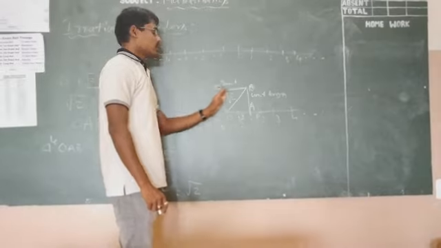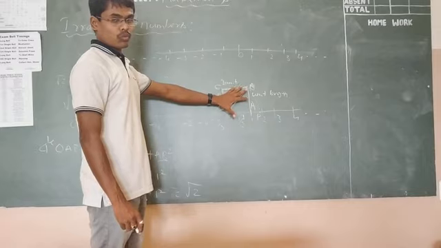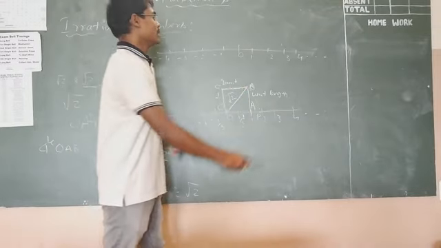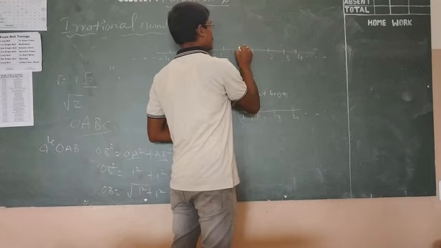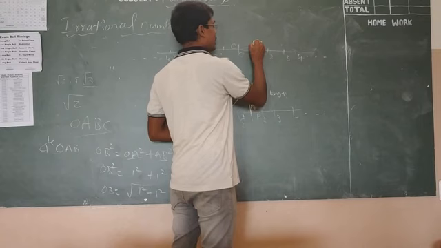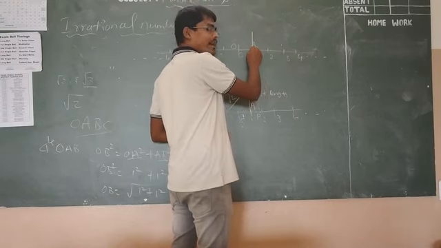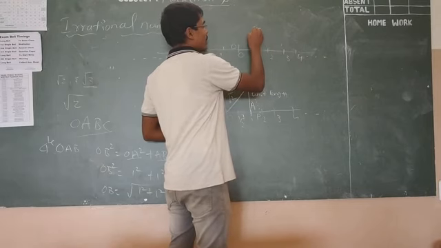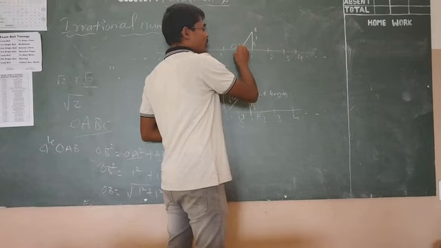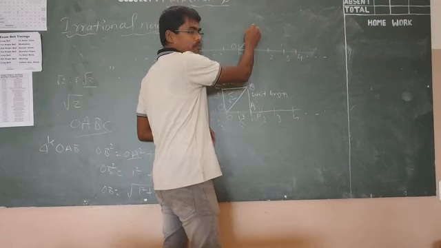Like this you have already drawn. Then afterwards you already drew root 2, and what about root 3? By taking the unit length, I will take this as point O and this as point A, of unit length OA. Then I draw a perpendicular from point A of unit length 1, and mark this as B. By joining this, it becomes the hypotenuse of triangle OAB.